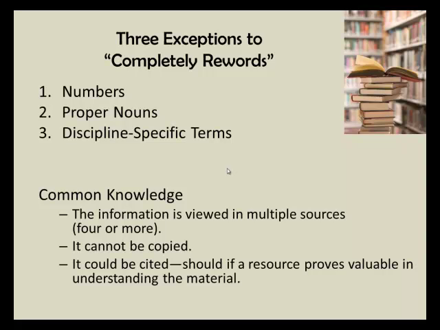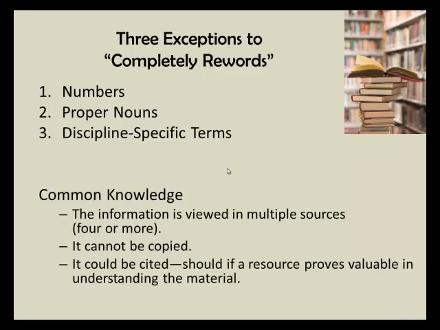The last thing is not really a rule about words, so I kind of have to separate it here for a second. I want to get across this idea of what is common knowledge. Do you have to cite common knowledge? Typically, you do not have to cite common knowledge.